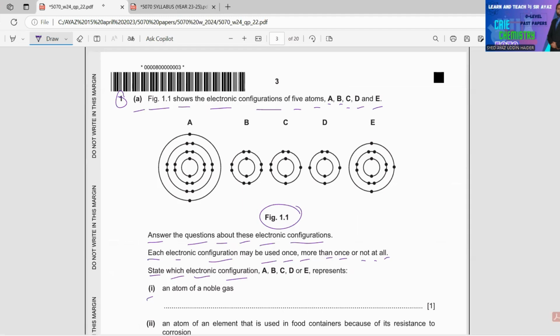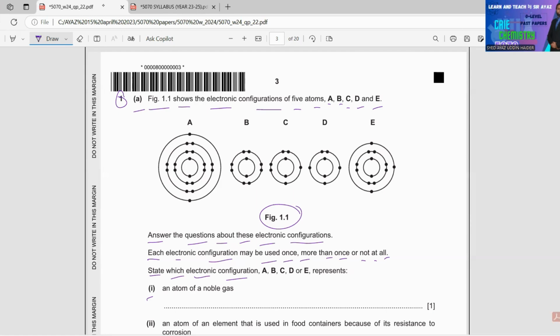So let's look at the valence shell of all of these: A, B, C, D, E. In A, we have 2 valence electrons. It's not possible. The reason is that it's the fourth shell. You can't have 2 valence electrons in the fourth shell. There must be 8 valence electrons. First shell is the only one which can have a maximum of 2 valence electrons.